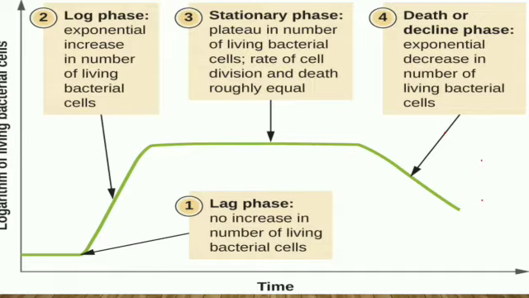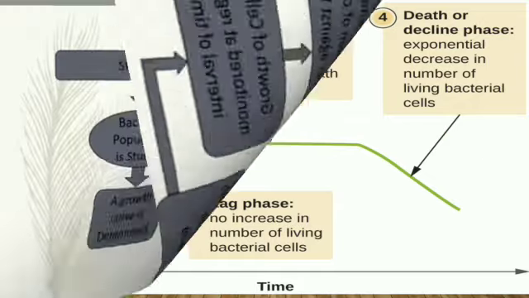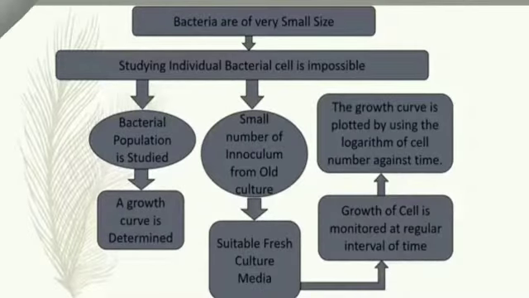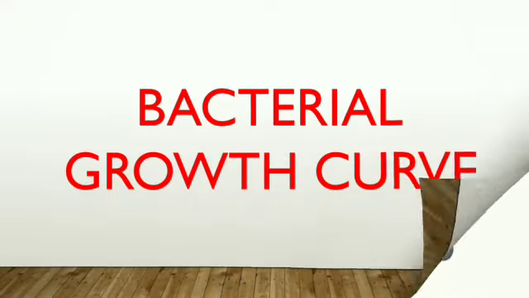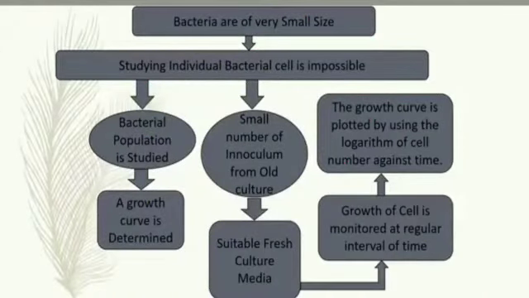Before we see them one by one, I would like to explain something important. Bacteria are very small in size. We all know that. Bacteria are microscopic in nature; we can observe them only under a microscope.